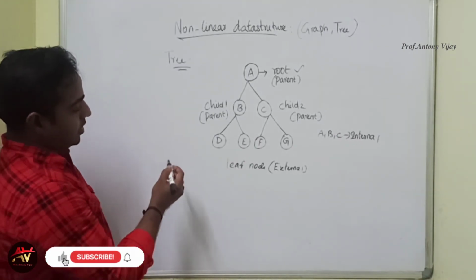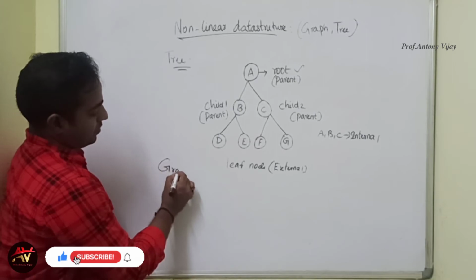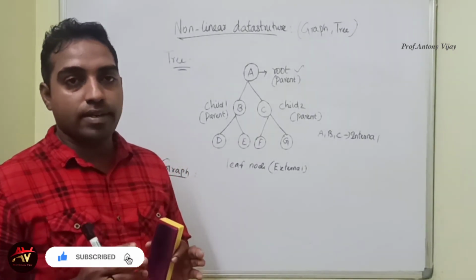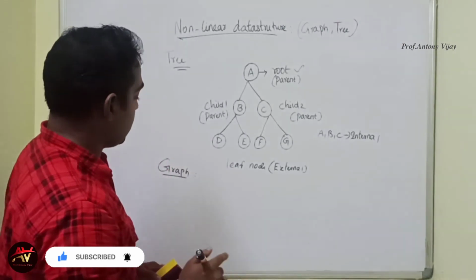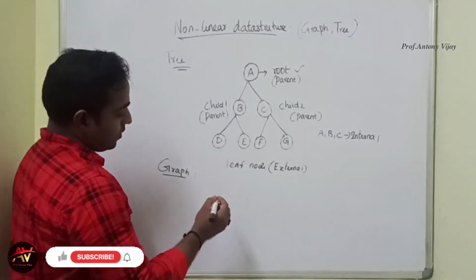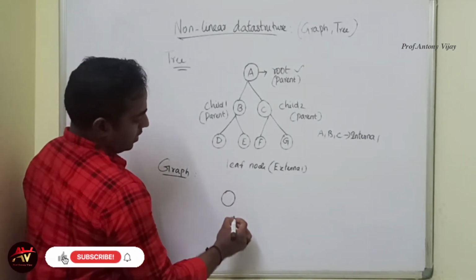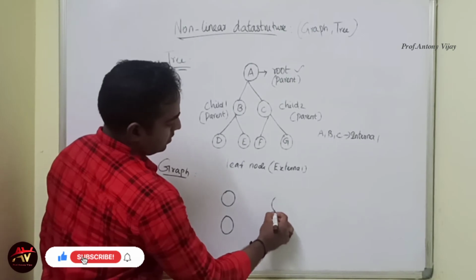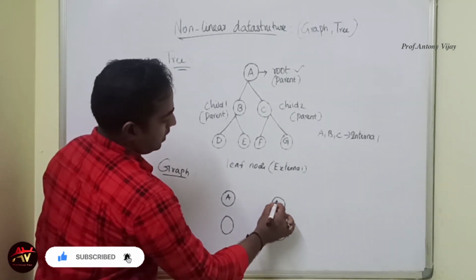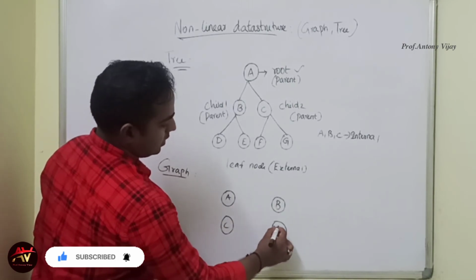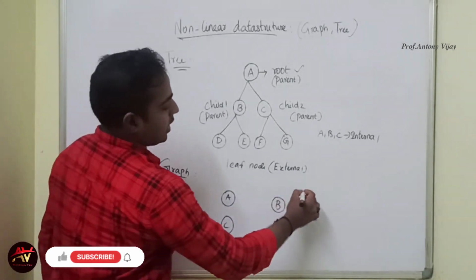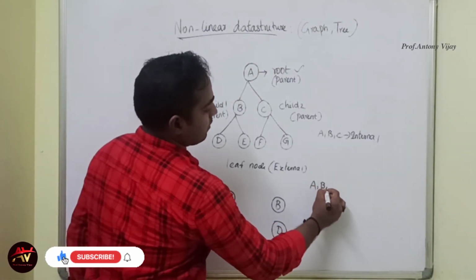So next we will be seeing about graph. Graph is also a non-linear data structure. Here a graph can have a combination of vertices and edges. For example, I am having a graph like this, with four vertices A, B, C, D. These A, B, C, D are called vertices.